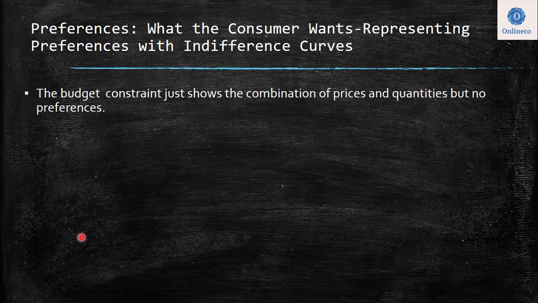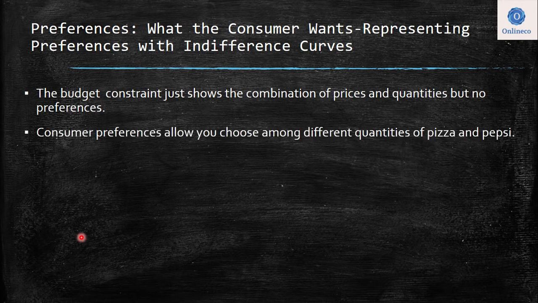We know that the budget constraint just shows the combination of prices and quantities but no preferences. Then consumer preference allows choosing among different quantities of Pepsi and pizza. So along all the bundles that you have available due to your constraint, you will choose the one that will bring you more satisfaction.